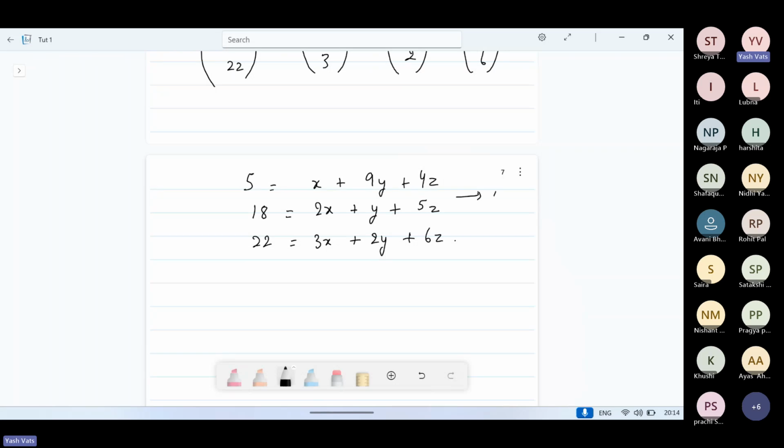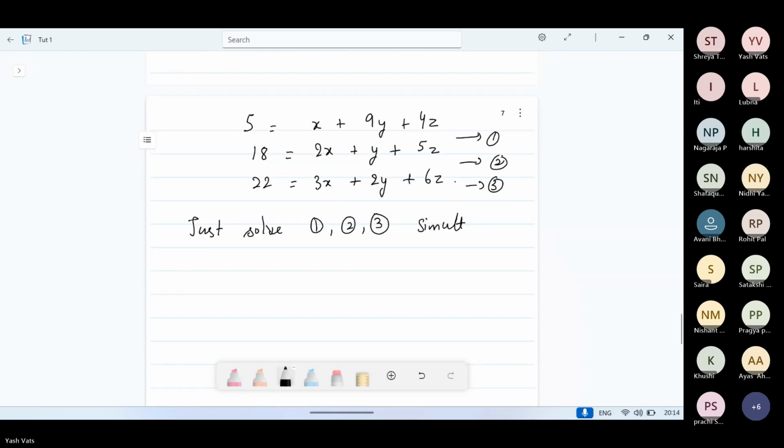So just solve equations 1, 2, and 3 simultaneously to get x, y, z.